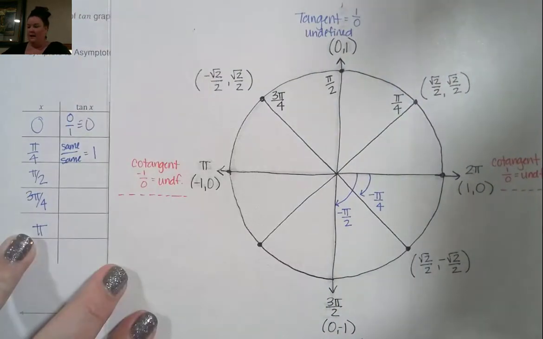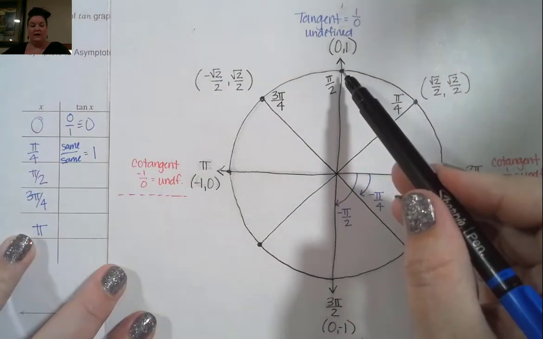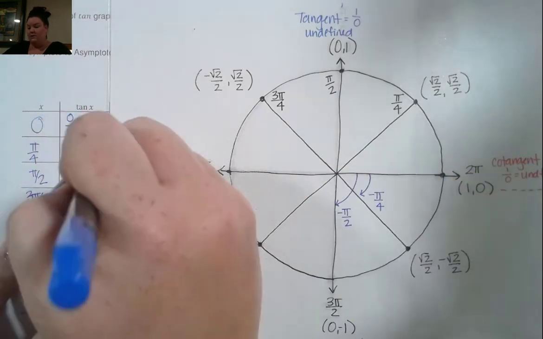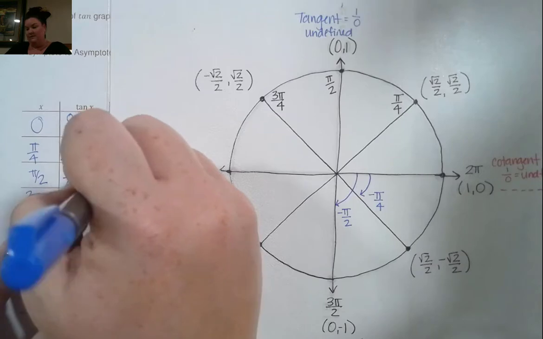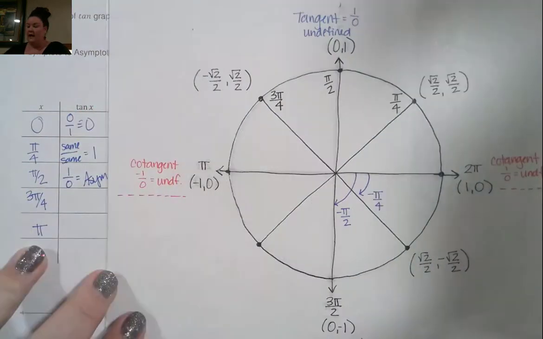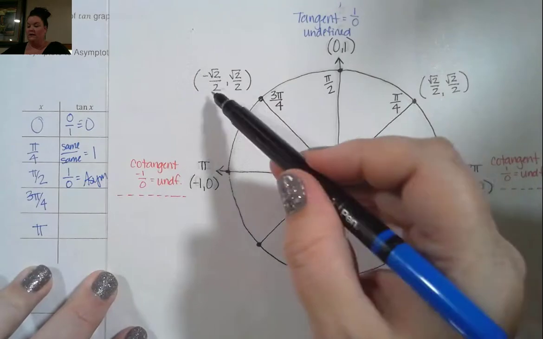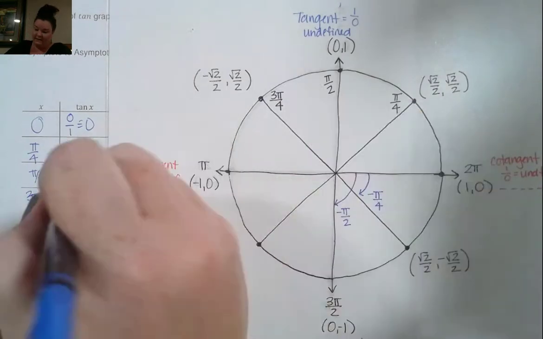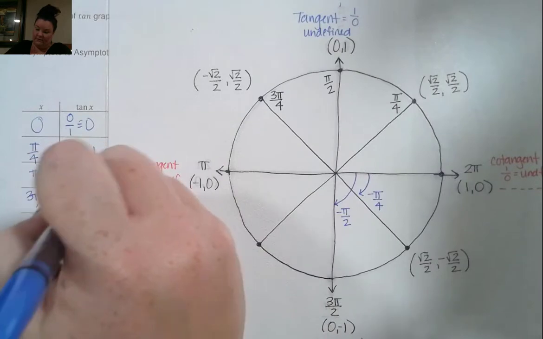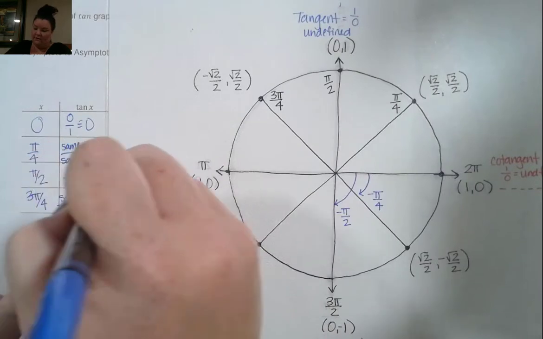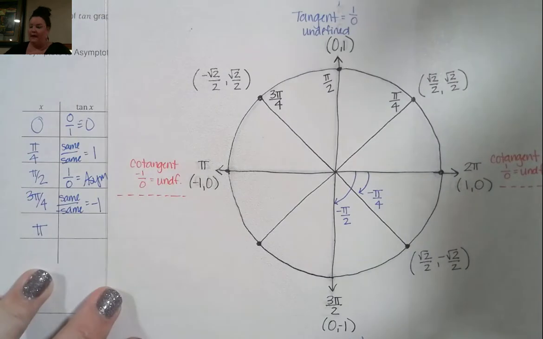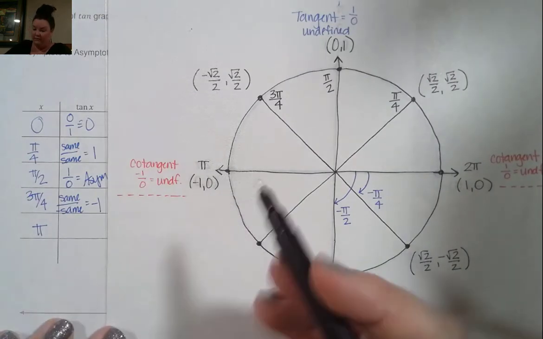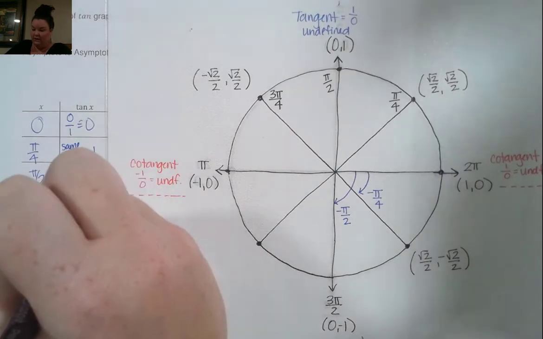And then at pi over 2, this is where we got an undefined, because we were doing 1 over 0, which gave us our asymptote. At 3 pi over 4, if we're doing tangent, I have the same over the negative of the same, which gives us a negative 1. And then at pi, again, if I do y over negative 1, that just gives me a 0.